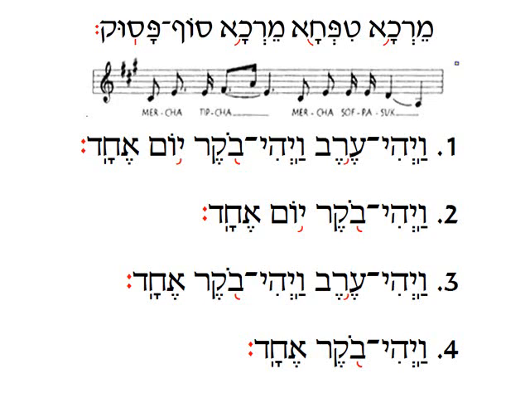And then line 4 is vayihi voker, echad. Same as line 2, except without the yom. So it's tipcha, Sof Pasuk, vayihi voker, echad. And you can pause it, try it, and now we'll go on to the next set of phrases.